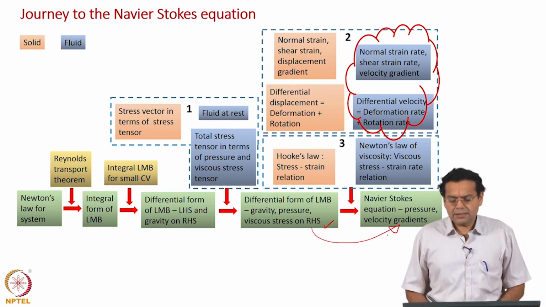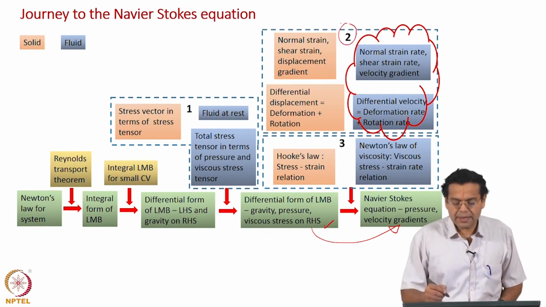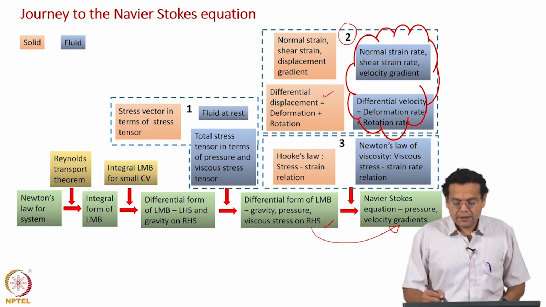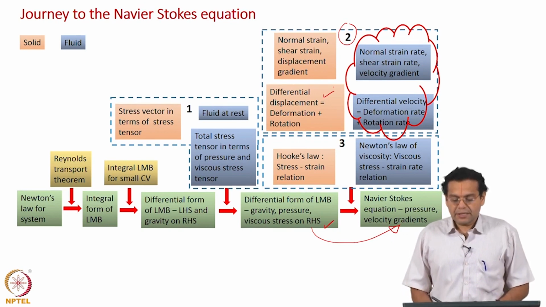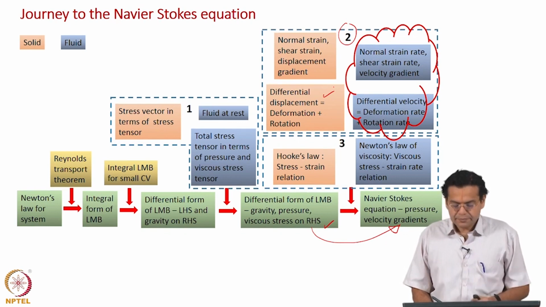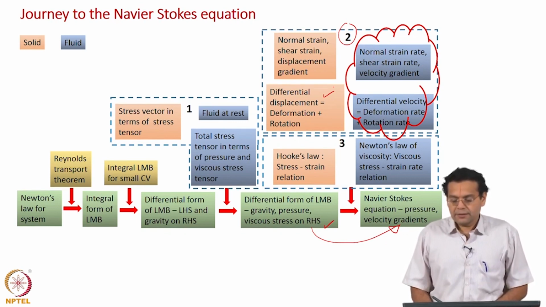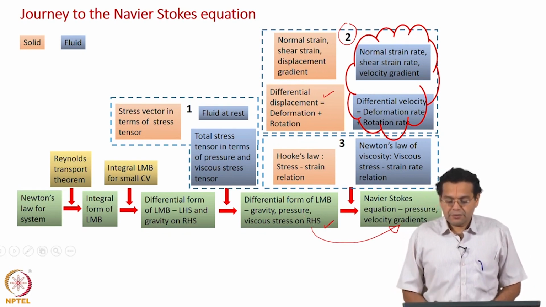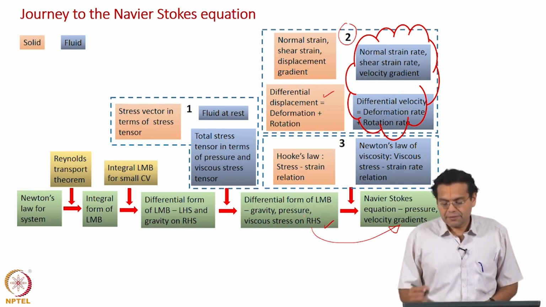To understand velocity gradients, we took a diversion to solid mechanics, understood normal strain, shear strain, displacement gradient, rotation. We also understood how to decompose or split differential displacement in terms of deformation and rotation, and now we have analogously explained it for the case of fluids, but everywhere we add rate. Okay. So, everywhere we add rate.